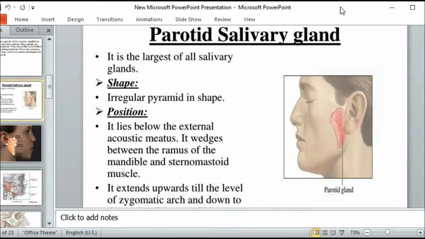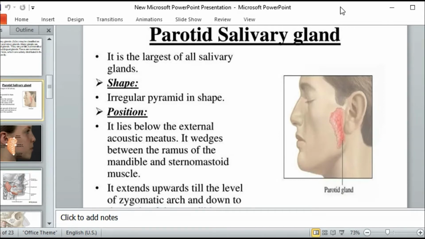The parotid gland is enclosed within a capsule, which is derived from the investing layer of the deep cervical fascia.